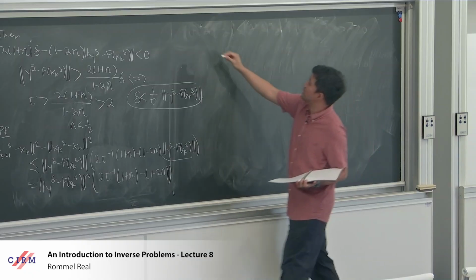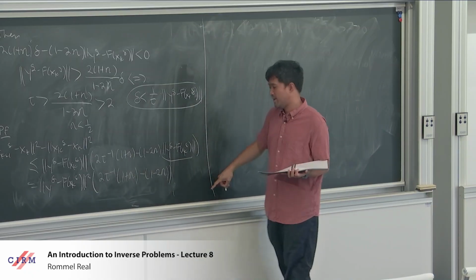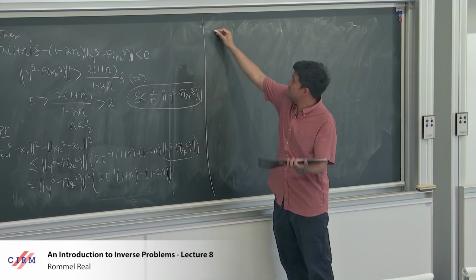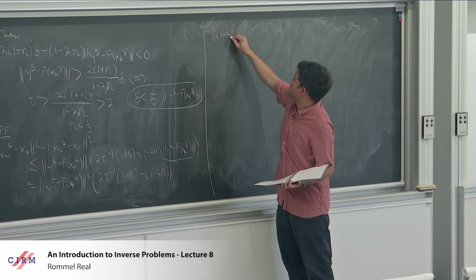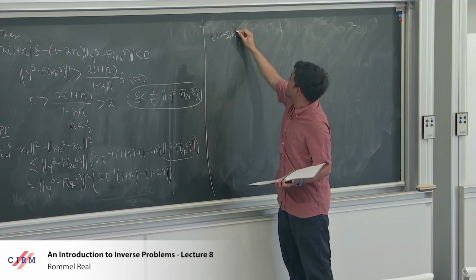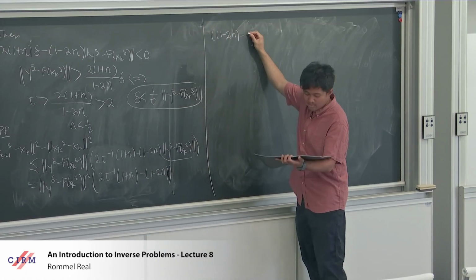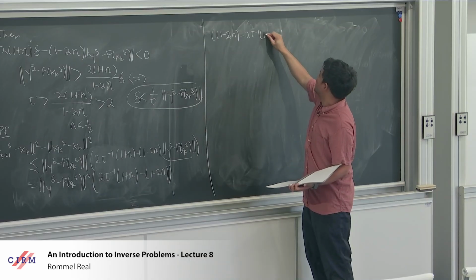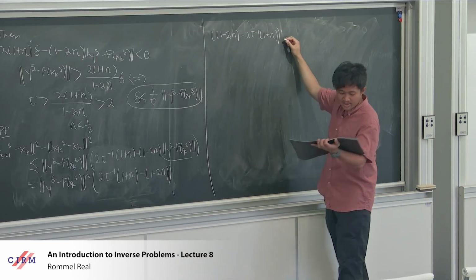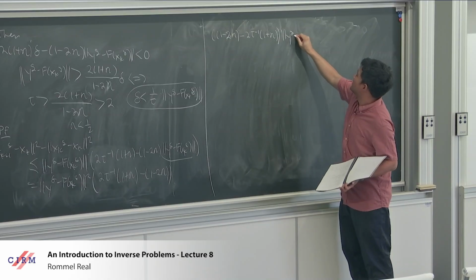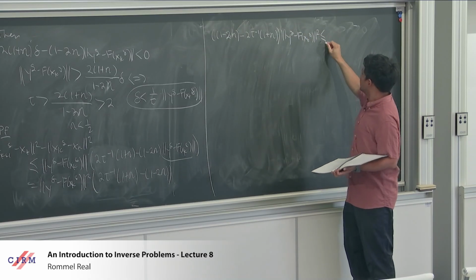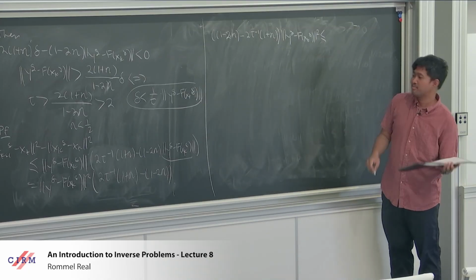Okay, and so we have something like this. We have this constant here, 1 minus 2 eta minus 2 inverse times 1 plus eta times the residual there, to be less than or equal to this one.